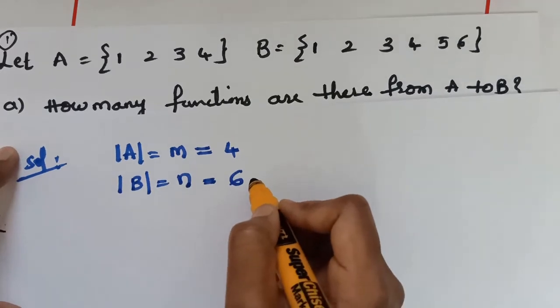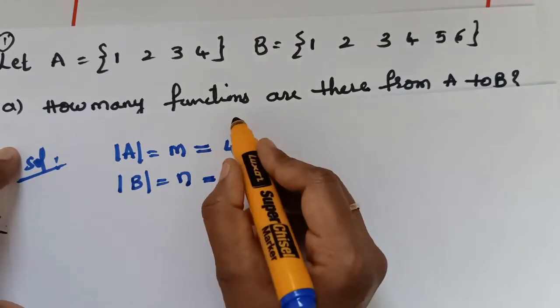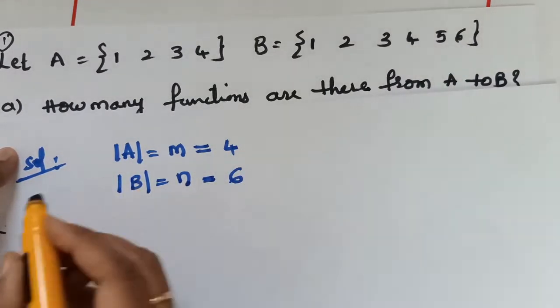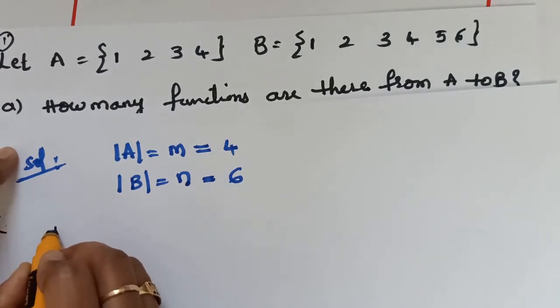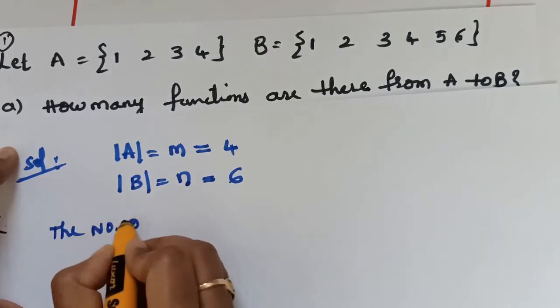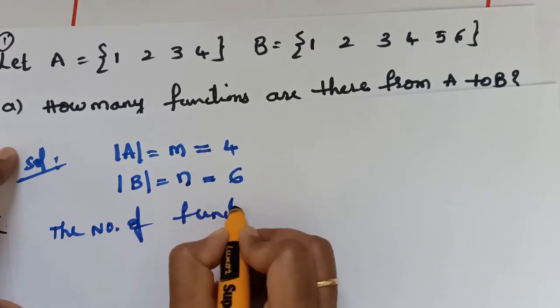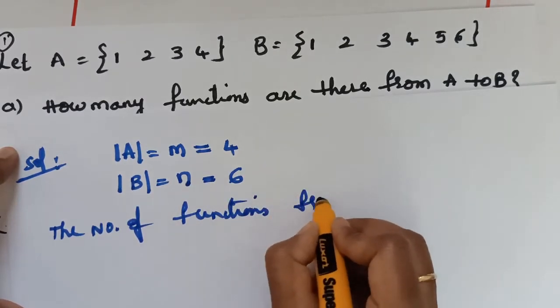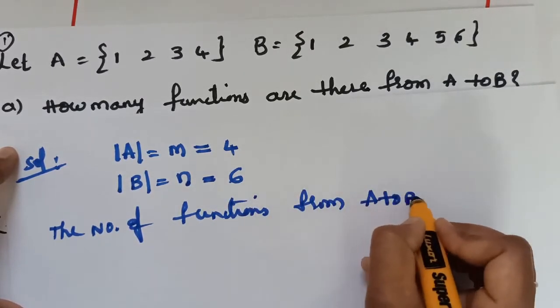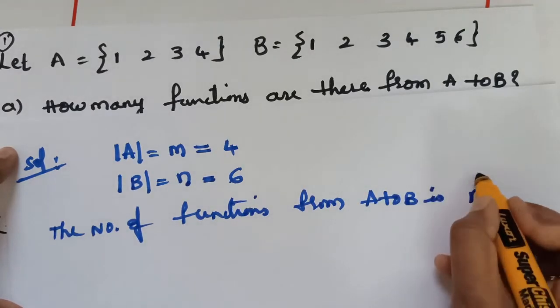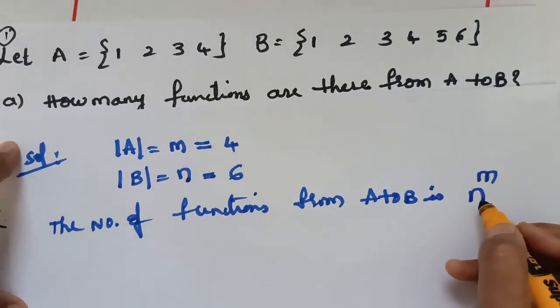Now, first, how many functions are there from A to B? The number of functions from A to B is N power M. Just now we discussed the formula.